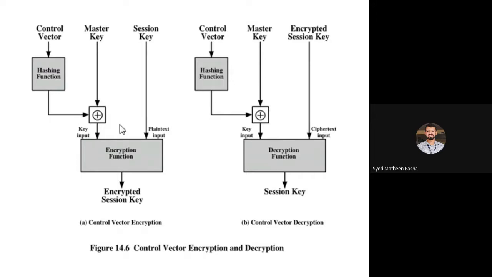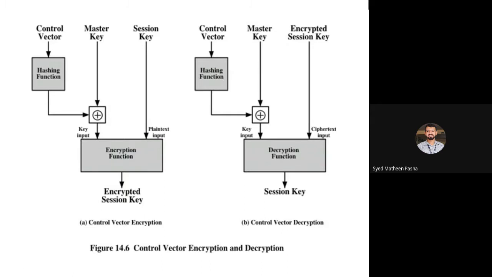With respect to the decryption part, the same concept works here. One input is taken as a key, and another input is your ciphertext, that is, the output of your encryption function, the encrypted session key that has been given here. If I pass this as an input to your decryption function, finally you will get a session key. So what is the agenda? We are generating a session key.